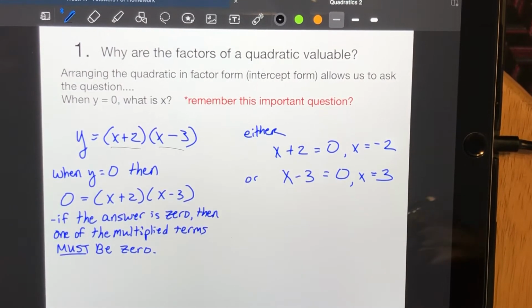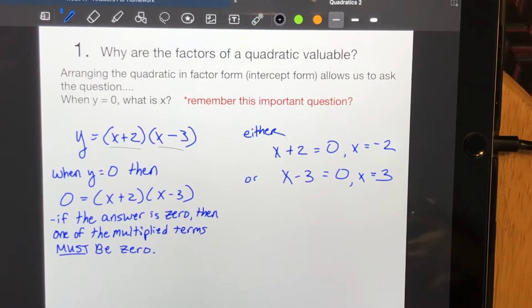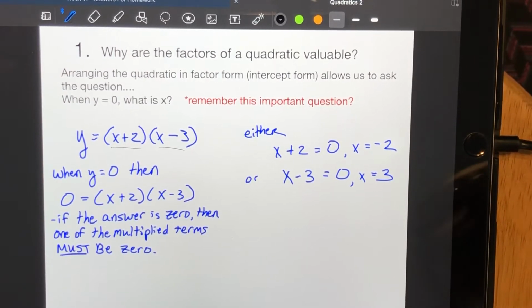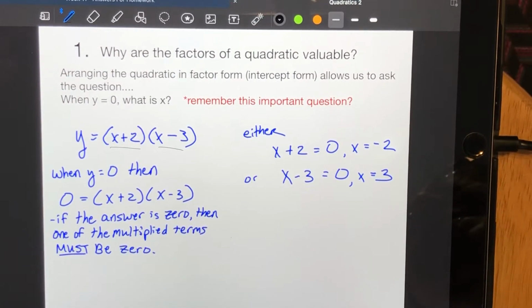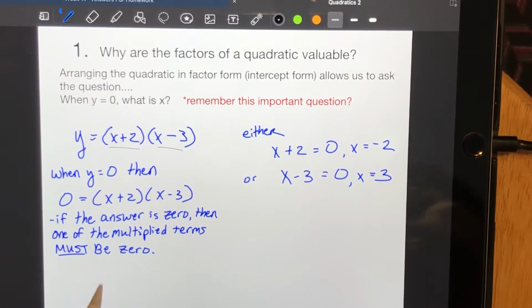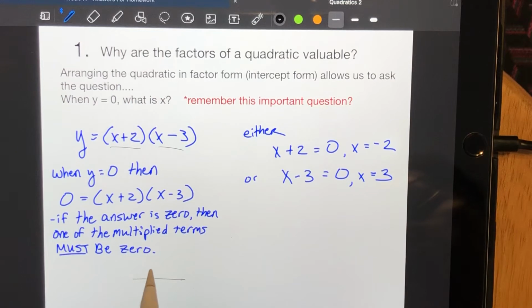So just as we did with linear equations, we were asking when y equals 0, what is x? When x equals 0, what is y? That gave us those specific intercepts. So it's important because the intercepts are our solution. It is the solution for where your graph crosses the x-axis. We are always wanting to answer the question when y equals 0.